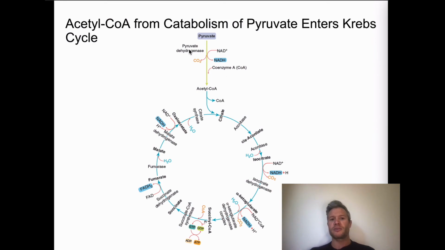Coenzyme A, again, these are fairly common enzymes, so to recognize them maybe on a multiple choice would be a good idea. But we end up with acetyl CoA, and again, if you recall, that's our starter molecule. That's the two-carbon combo molecule that we need to add those two carbons onto oxaloacetate and essentially create citrate, which is the first compound that we start using in the Krebs cycle.